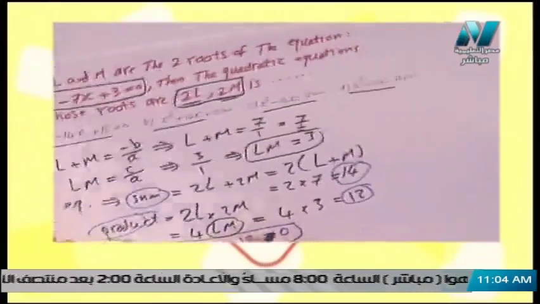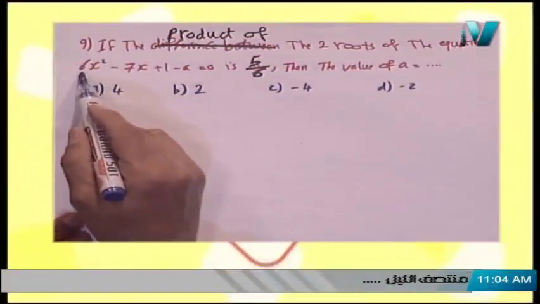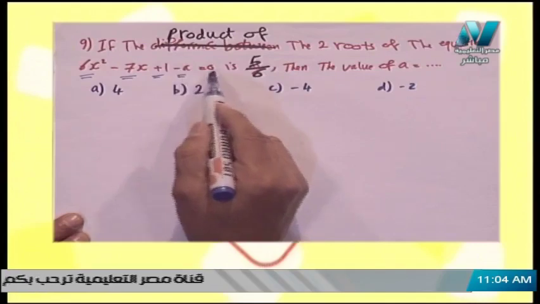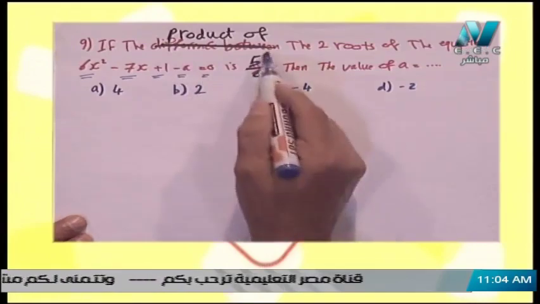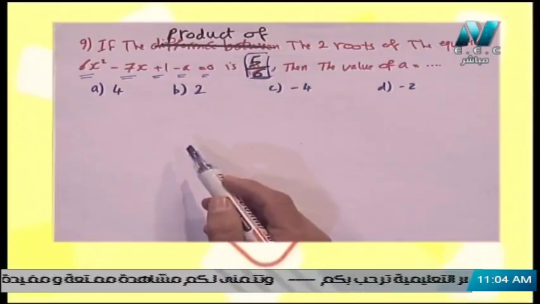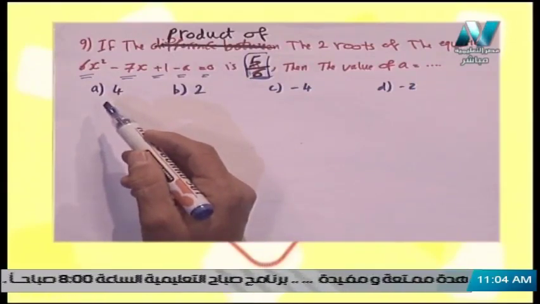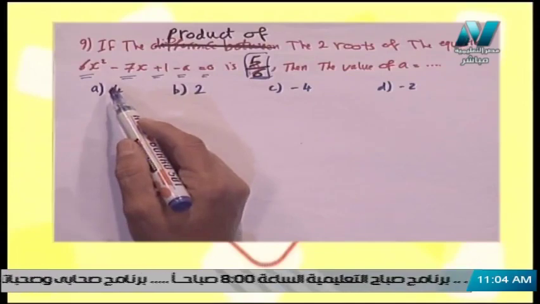Let's move to another question, my dear students. The next question is about the product of the two roots. If the product of the two roots of the equation 6x power 2 minus 7x plus 1 minus a equals 0 is 5 over 6. Don't be afraid of this question.